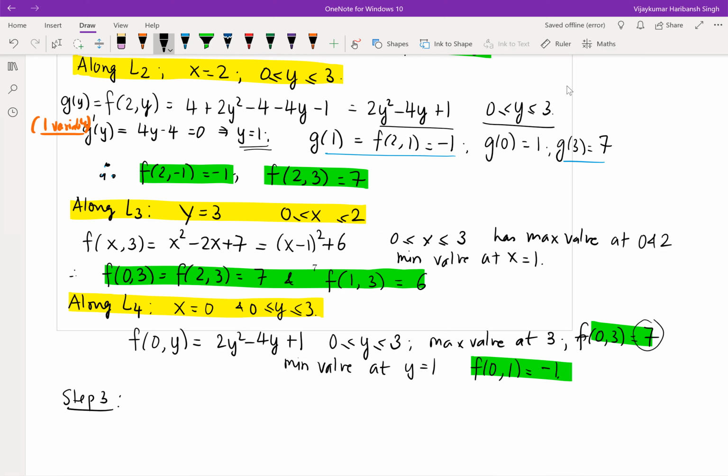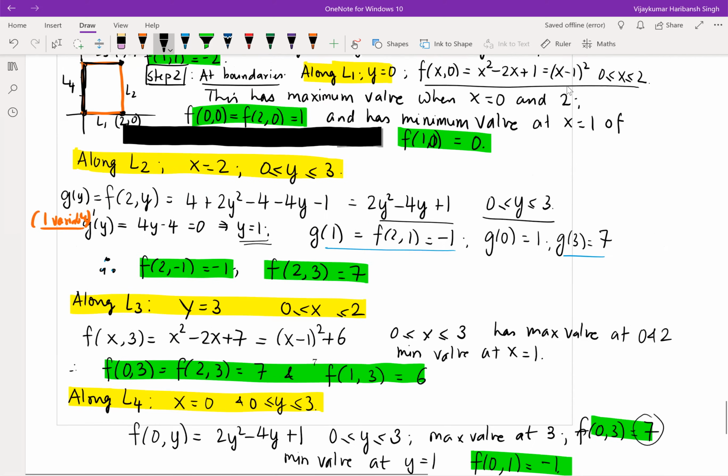So we get F of 0, 3, going backwards, F of 2, 3, and then where else? F of 2, 3 is 7, that's all, is the absolute maximum. And what is the absolute minimum? So let's see.